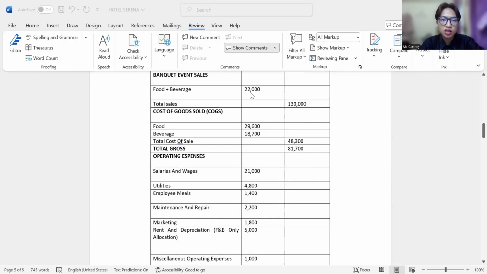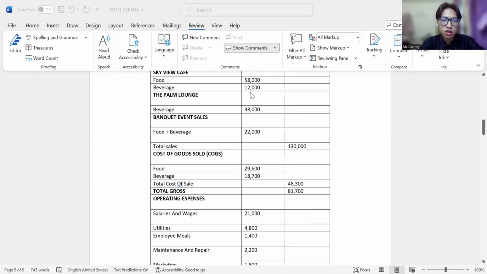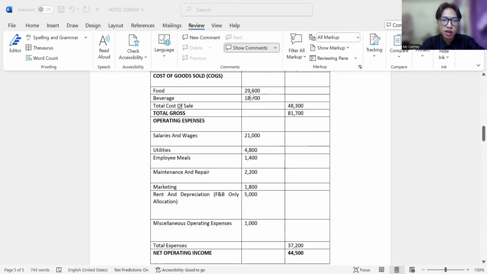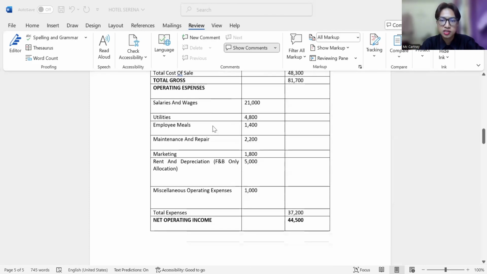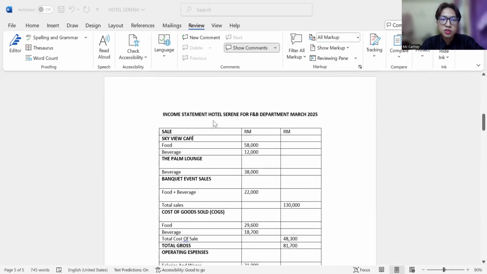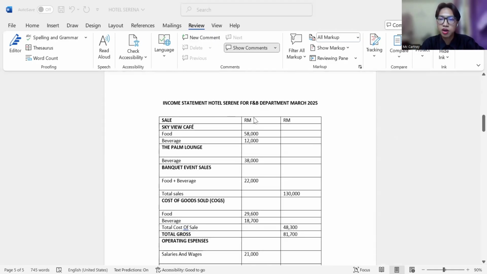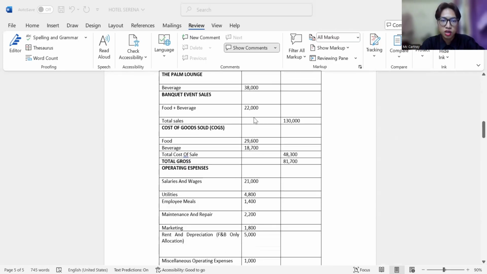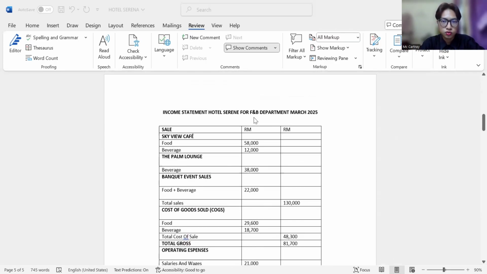After calculating sales, cost of goods sold, and operating expenses, we get our last line, net operating income, which is equal to 44,500. This is the example income statement for the F&B department March 2024 that we need to do.